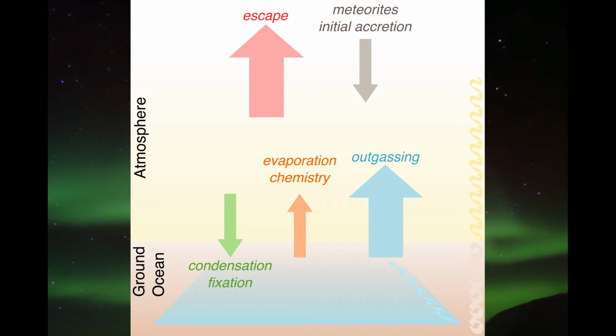The main processes we have to take into account are the outgassing from the planet and the escape of the atmosphere into space. We have a little bit of exchanges in condensation and fixation to the ground or the ocean, and evaporation, and we also have to consider the meteorites and the initial accretion that can bring material to the atmosphere.